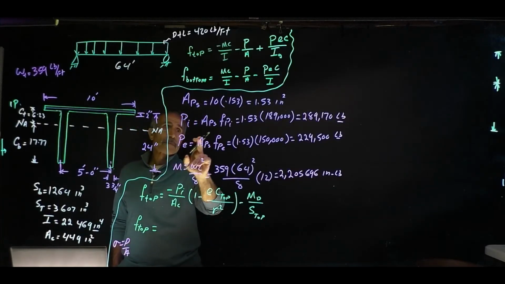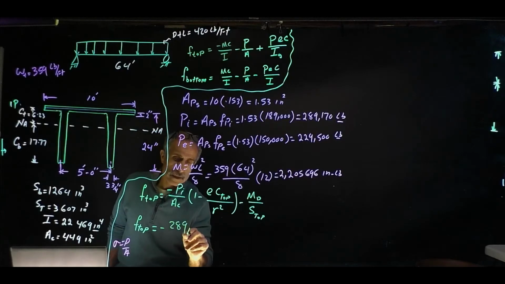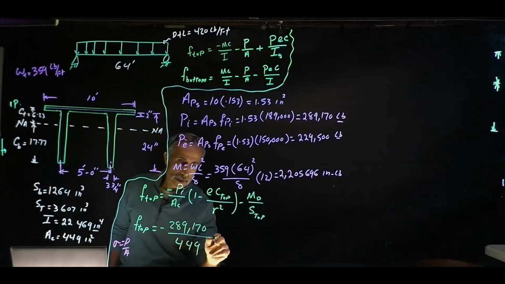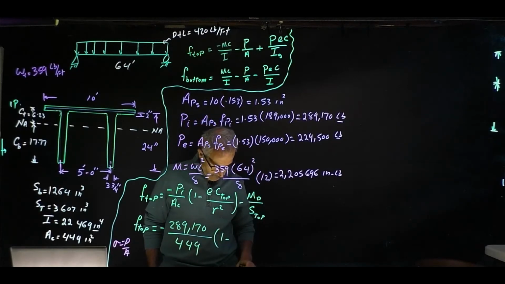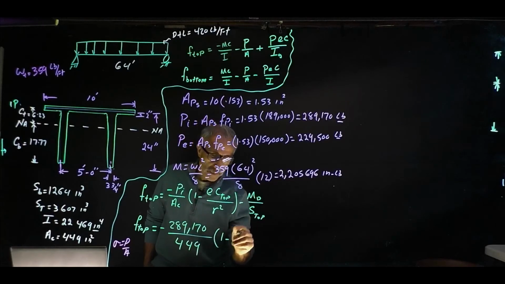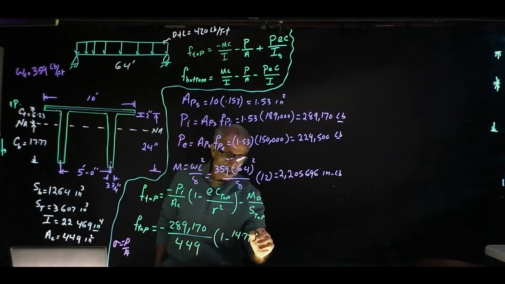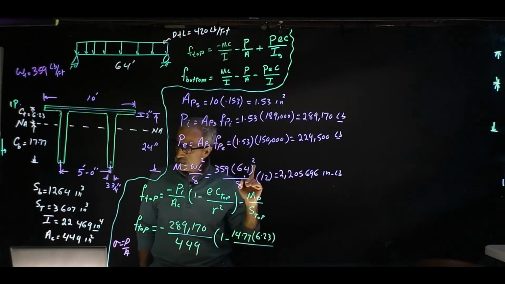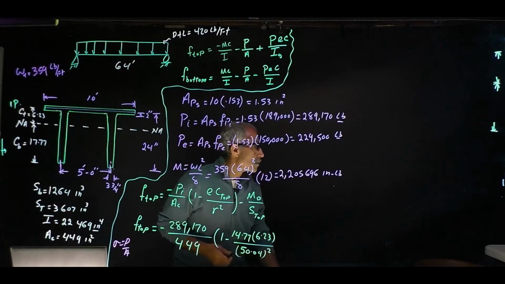The initial pre-stressing came out 289, so that's minus 289,170 divided by the area of concrete, which is 449, times 1 minus e, which was given to us as 14.77, times c at top, which was 6.23, divided by the radius of gyration, which was given to us in the problem as 50.04, and that's squared. Let me double check that.